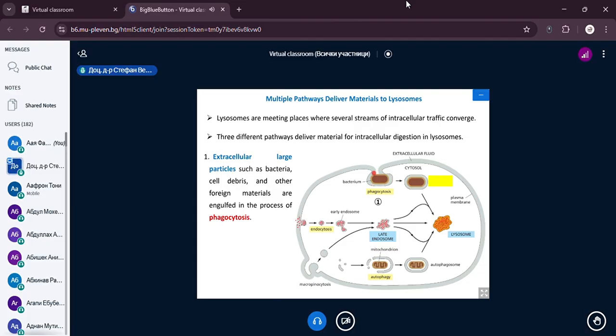During this process, the bacterium is surrounded with a portion of the plasma membrane and then sinks into the cytoplasm. This is called a phagosome. The structure which is formed after the phagocytosis is a phagosome.